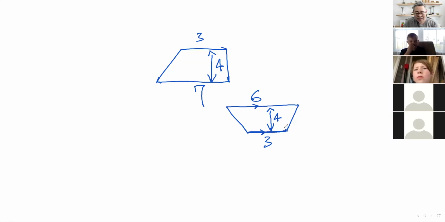So as long as those two lines are parallel, it's a trapezoid. Okay. Good job, Mason. Don't forget to divide by 2 because a trapezoid is half a parallelogram.